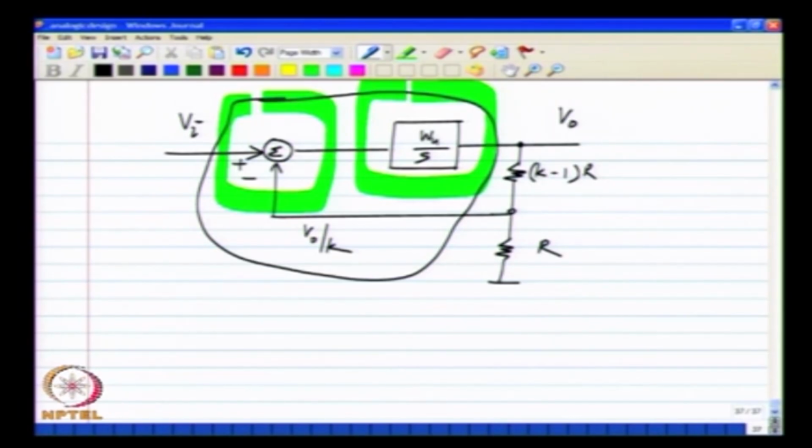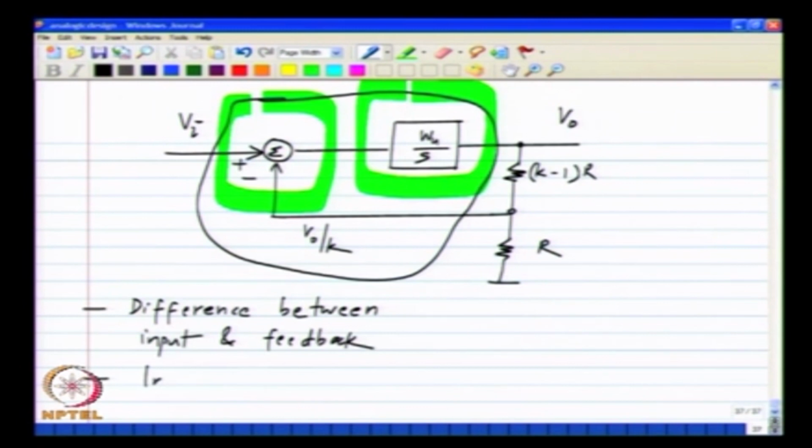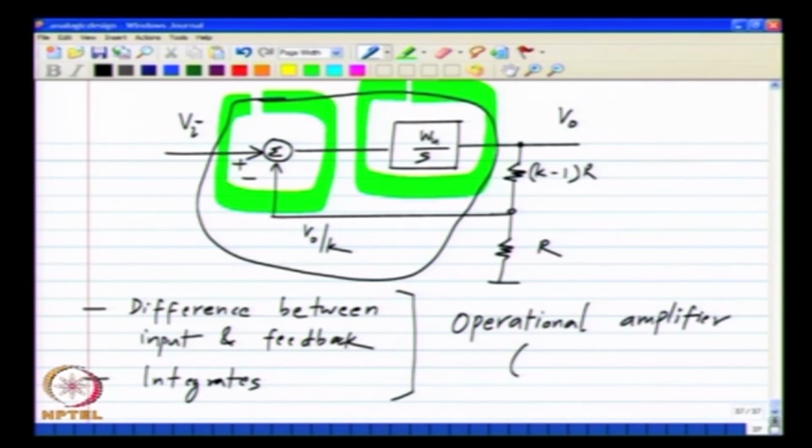So, a block which does sensing of the difference between input and feedback, and also integrates the difference, such a block is known as an operational amplifier, or an Opamp for short.